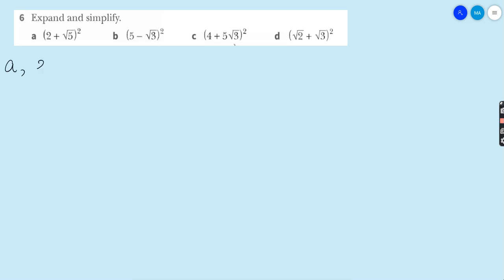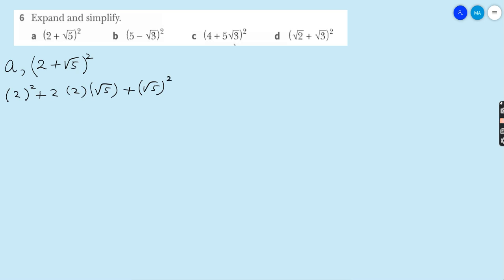Part A. 2 plus root 5 whole square. Very easy. Expand this by using the a plus b whole square formula. The formula is a square plus 2ab plus b square.